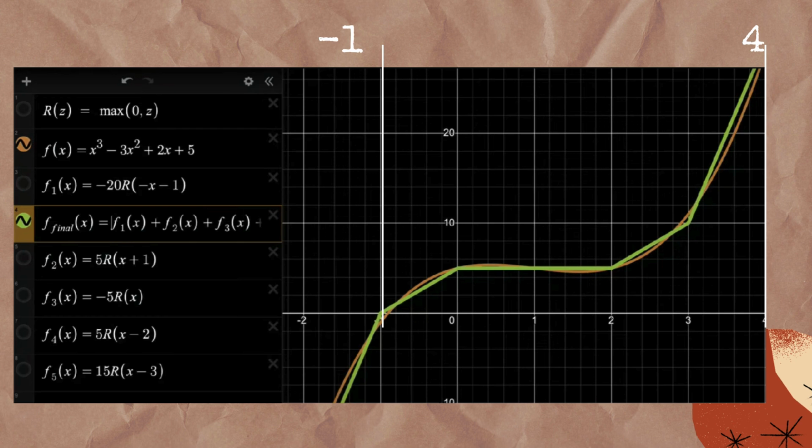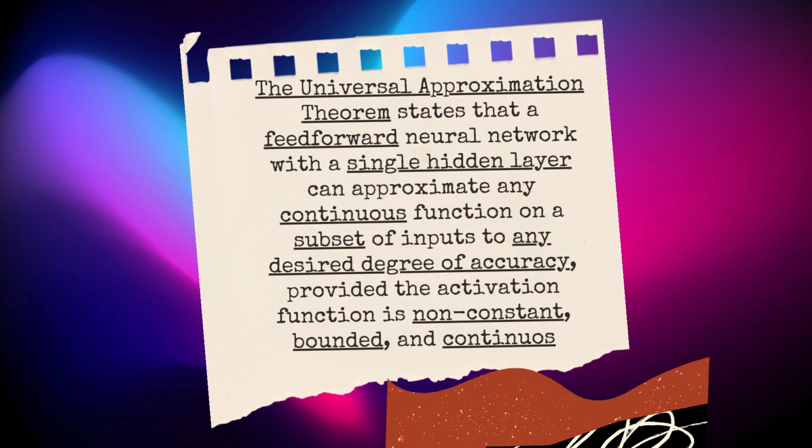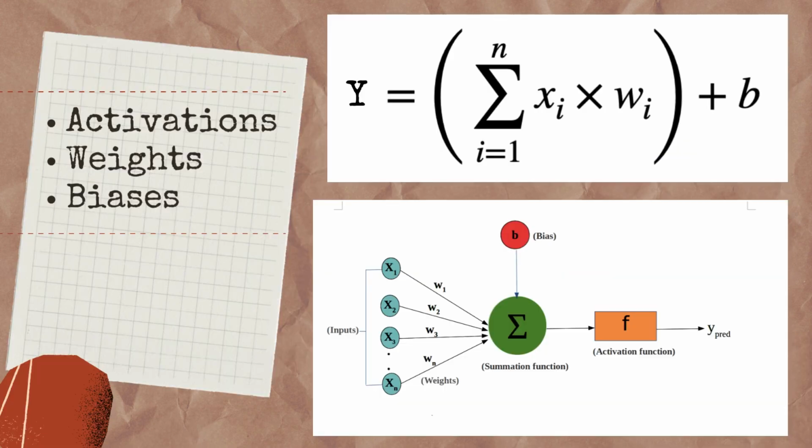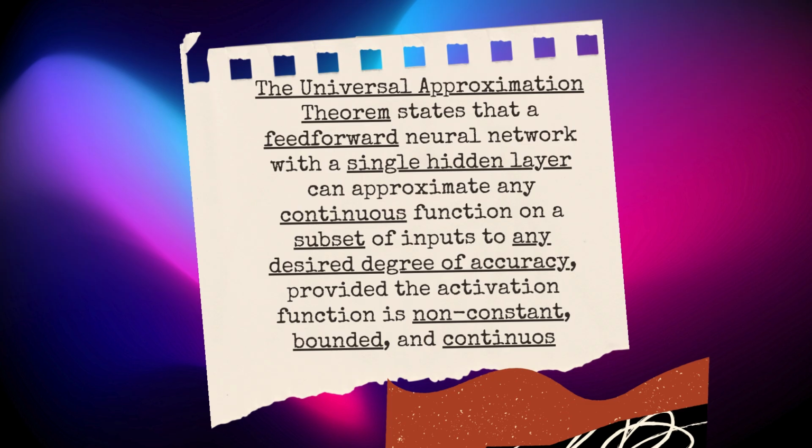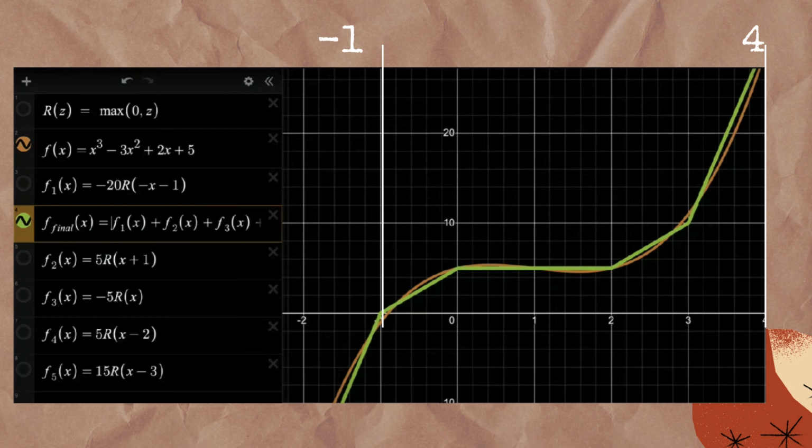And this is because, as we can look back on the universal approximation theorem, the network has to be feed forward, such as this one, and it can have just one hidden layer. So one hidden layer, and each of these functions is a neuron.